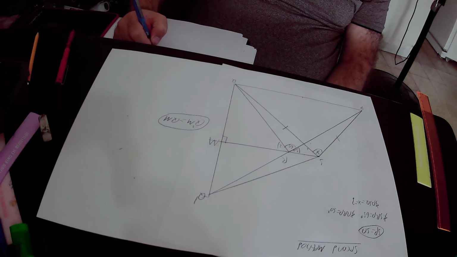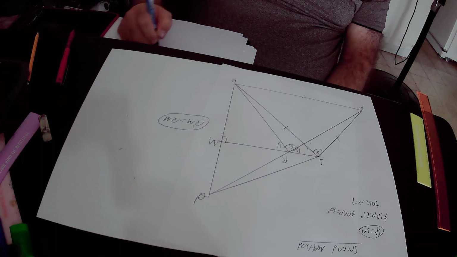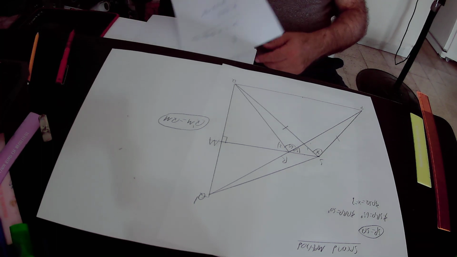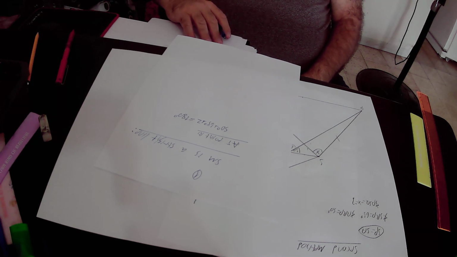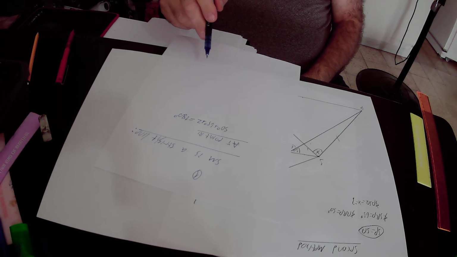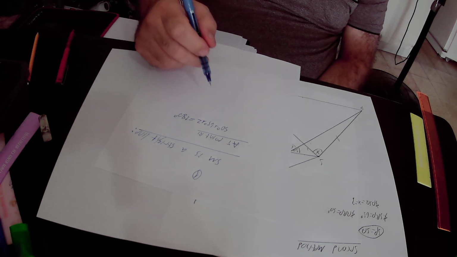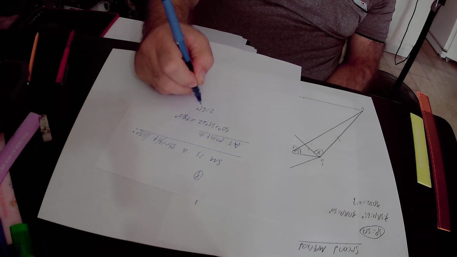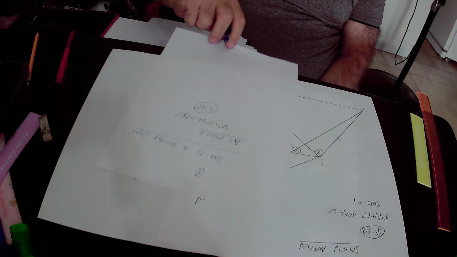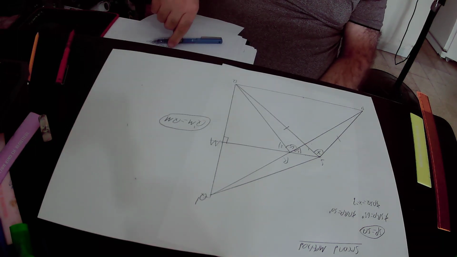Therefore, it must be equal to 180 degrees. So we got this equality, as I did in the first method. We subtract 50 degrees and then 65 degrees from this equality, and we get that angle Z equals to 65 degrees.